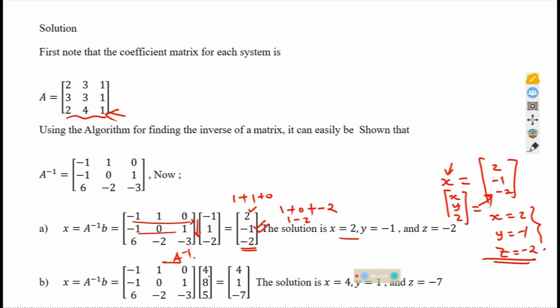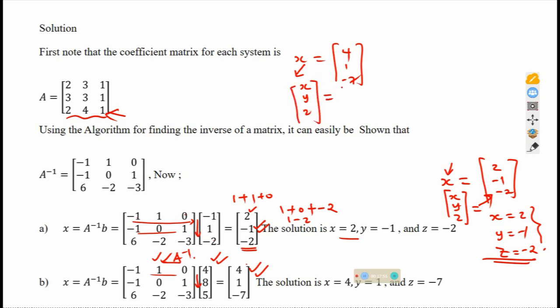You know how to multiply matrices: multiply row by column. You should be able to verify that when you multiply this matrix together with this, you will get this one here. And for that case, if you have your x as 4, 1, -7, then as we said, this x is simply representing x, y, and z.